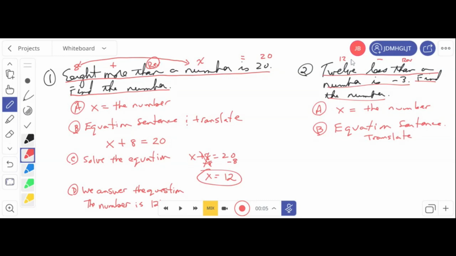Than is a reverse word, so that means the 12 and the other thing, whatever's next, is going to switch. A number, that's our x, is always means equals -3. So our equation is x minus 12 equals -3. Reverse than. So the 12 is after the subtraction, the variable x is in front of the subtraction.